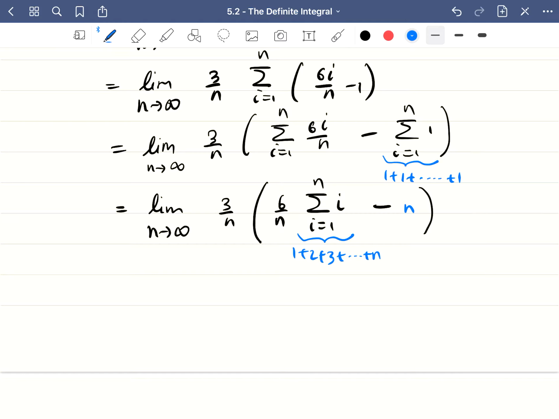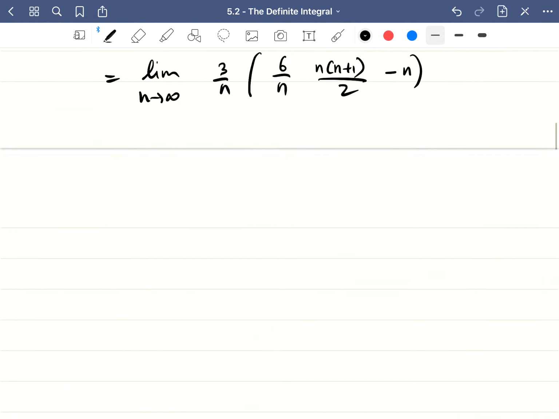I don't know if you know that one, but you don't have to worry about it right now. So this is equal to the limit as n goes to infinity, 3 over n, and then you have 6 over n times n times n plus 1 over 2 minus n.